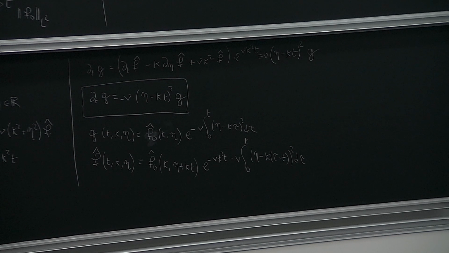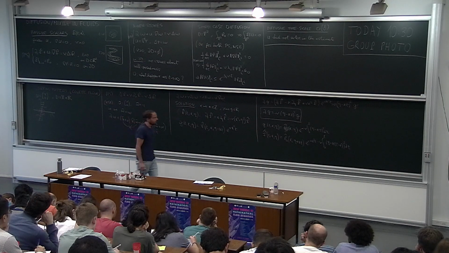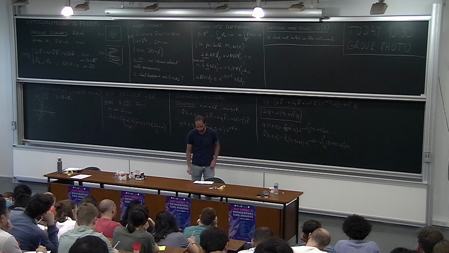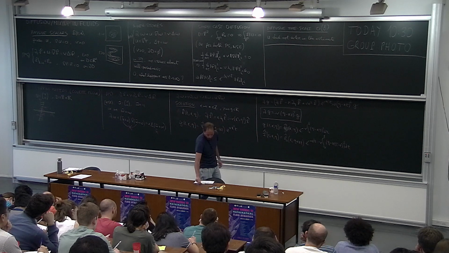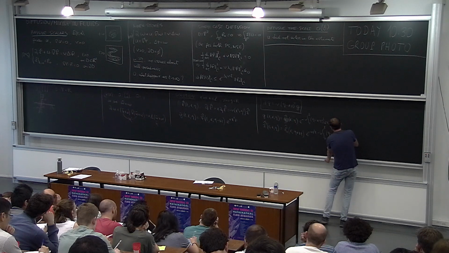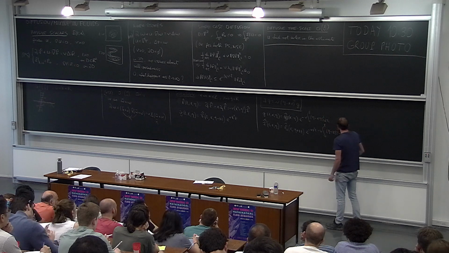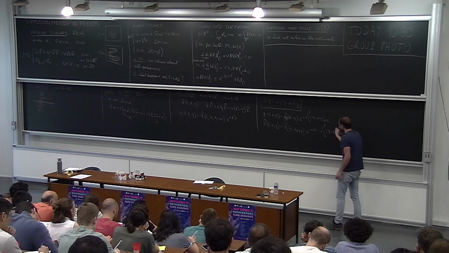So this is just the exact solution of the equation. I solved it exactly. Let me just change variables here. I'll just write it in blue. So if I just redefine this, I can put this equal to s and integrate in ds. And nothing else changes.